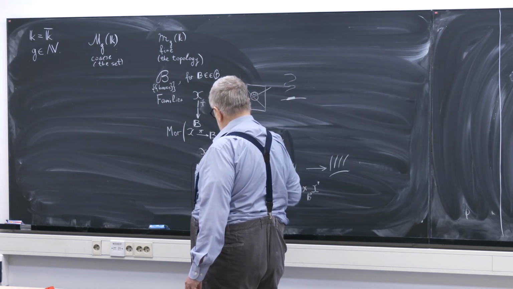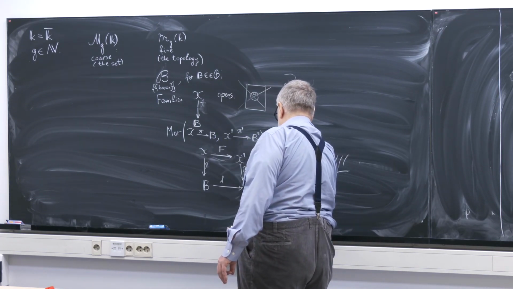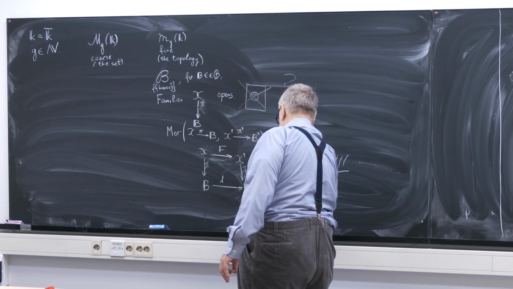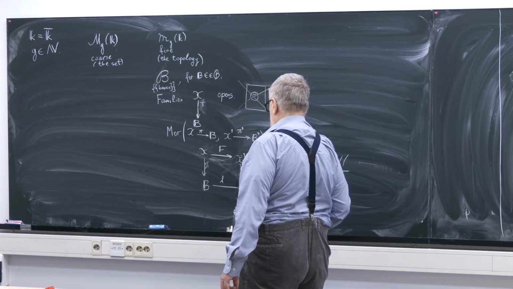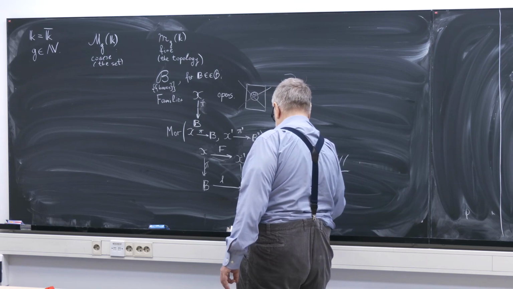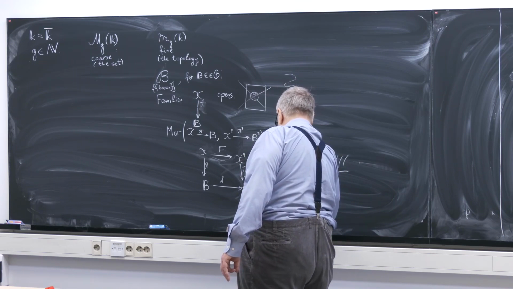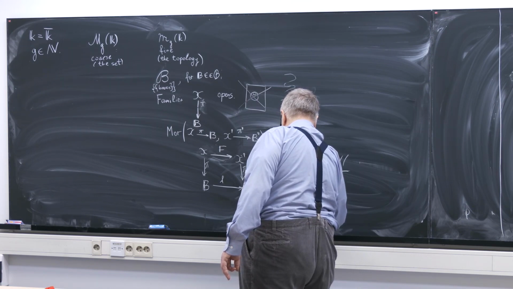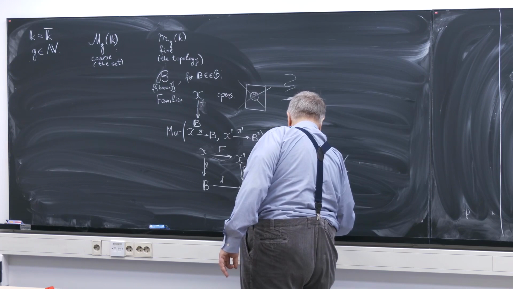Now I see that I need that the letter F is supposed to be fiber-wise isomorphic.